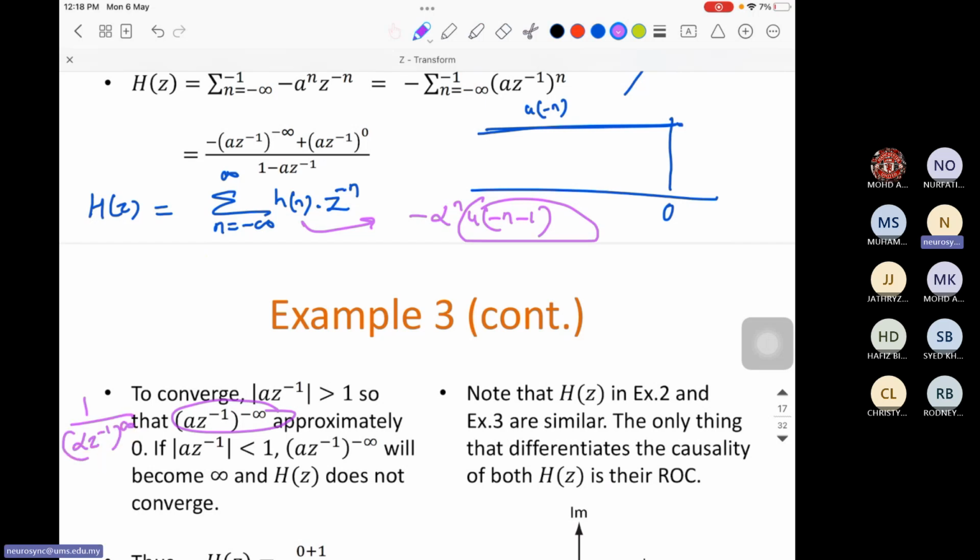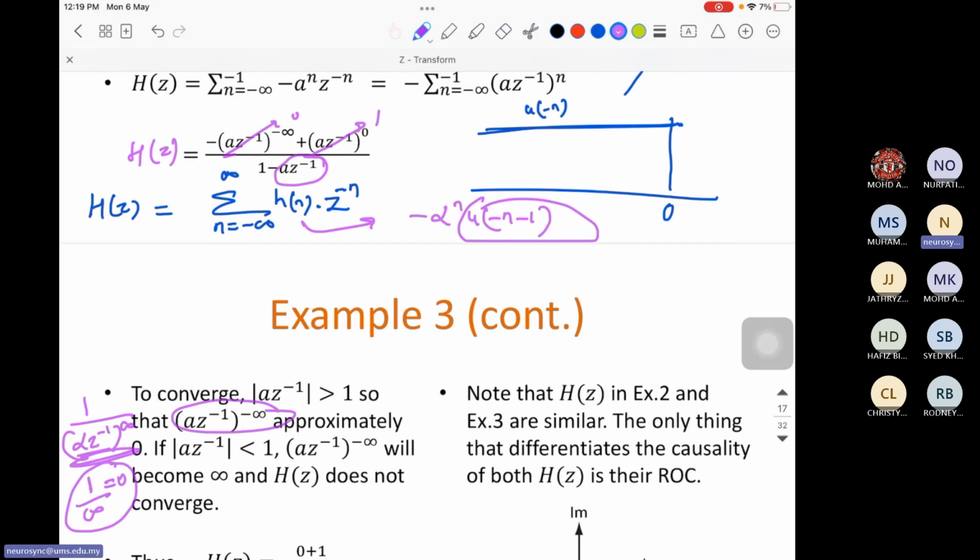If this is greater than 1, this whole term will be infinity, so 1 by infinity will be 0. And this to the power 0 means this is 1. So you will get some finite value of h of z when this term is greater than 1.